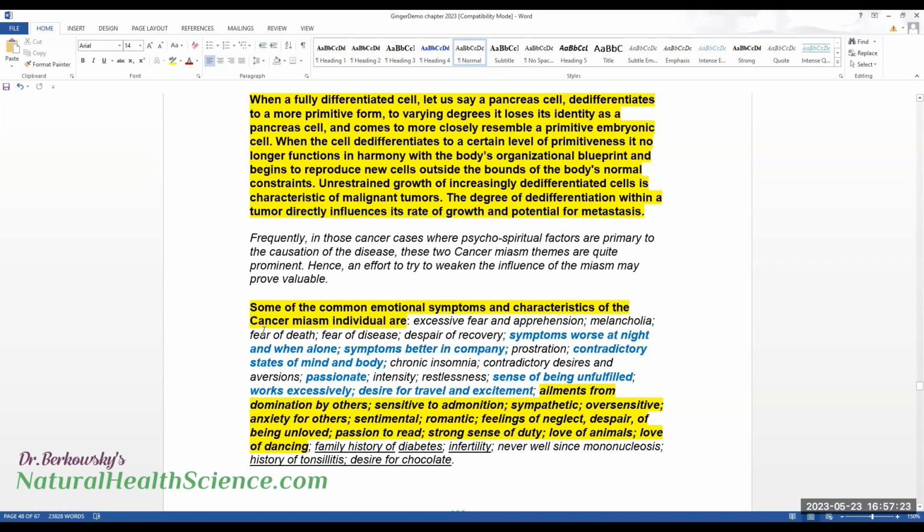But many of the people you'll find in Spiritual PhytoEssencing have a predominant or very strong Cancer miasm root in their archetypal picture. The sense of being unfulfilled. This is very big. The sense of being unfulfilled. They work excessively. Somehow, the individual comes to the idea that if I keep working and trying and really working, I'm going to work my way out of this.